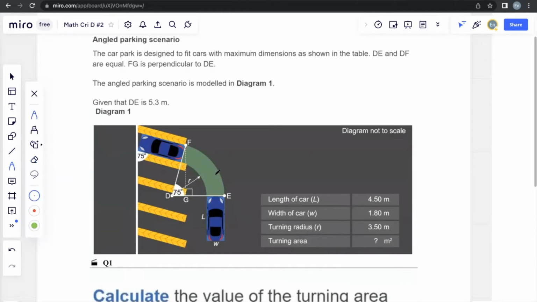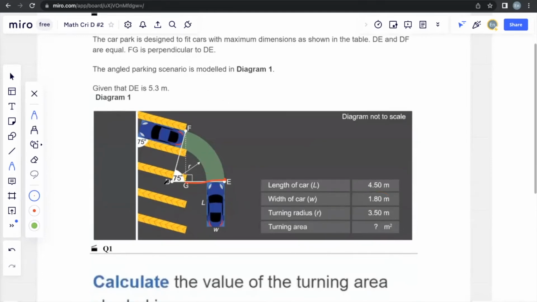So this time they want the value of EG. One way we can find the value of EG is we already know the value of DE, which is 5.3. To find GE, we could subtract the value of DG. So this is what we would have to find out.